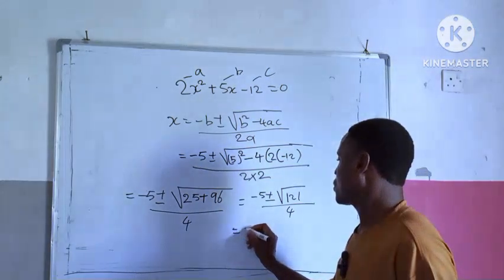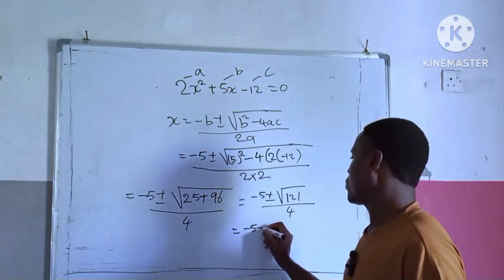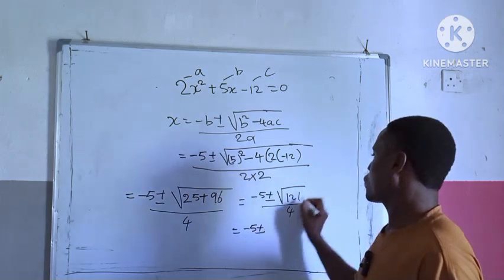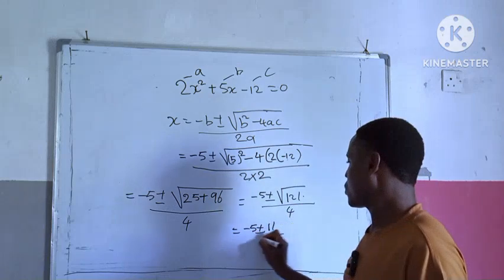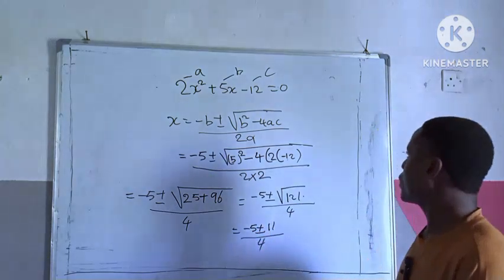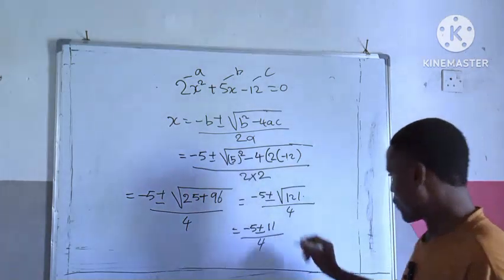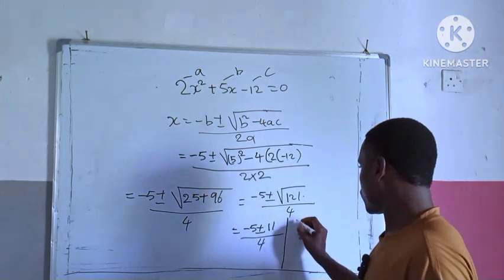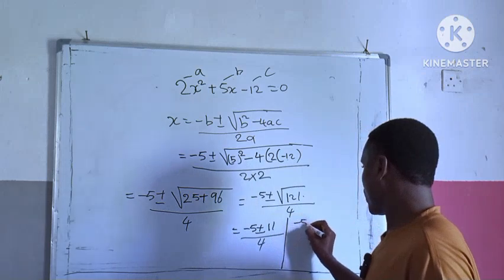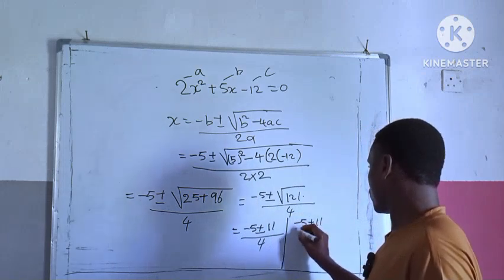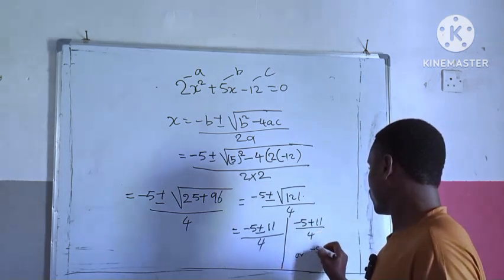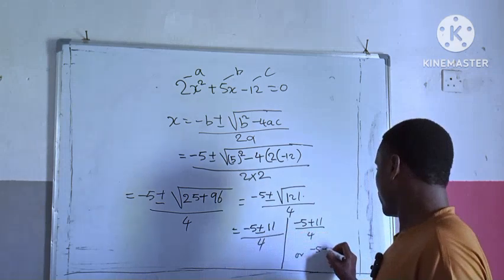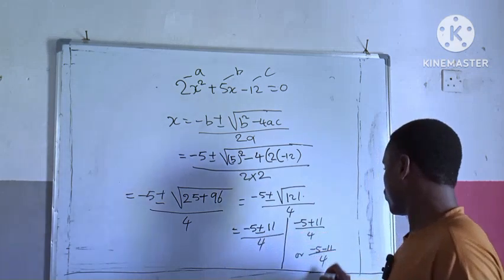So the first answer will be minus 5 plus 11 all over 4, or minus 5, the second one, minus 11 all over 4.